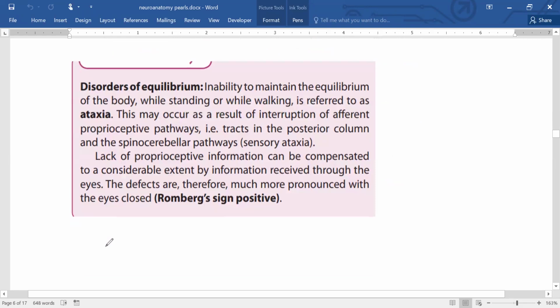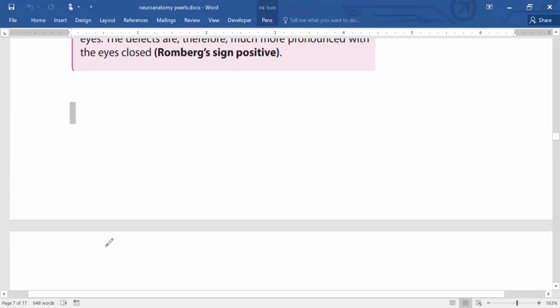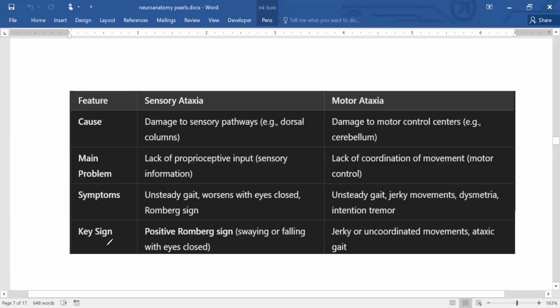Okay, now there are disorders of equilibrium, that is, inability to maintain the equilibrium of the body while standing or while walking. It is referred to as ataxia. It may occur due to two reasons. There can be sensory ataxia or there can be motor ataxia. Now, you should know the difference.